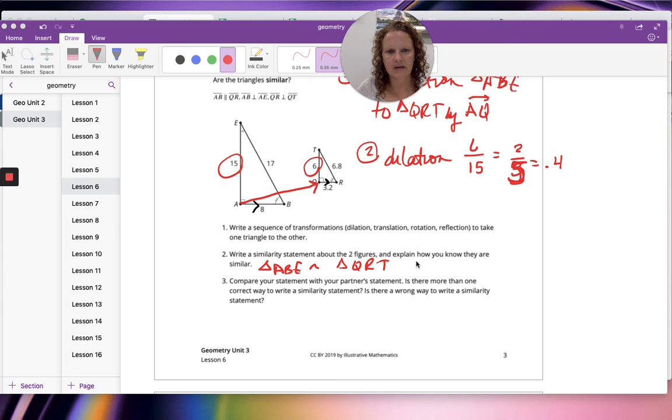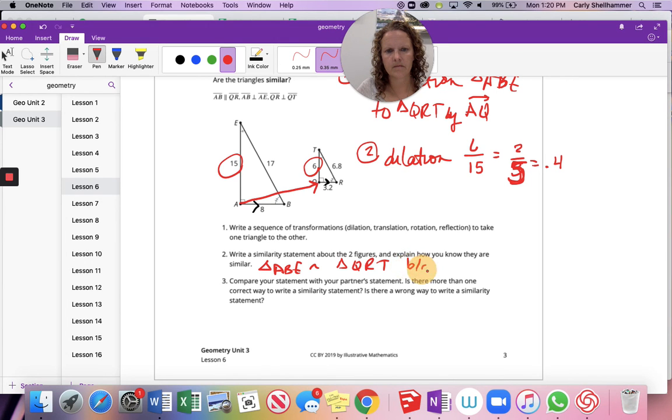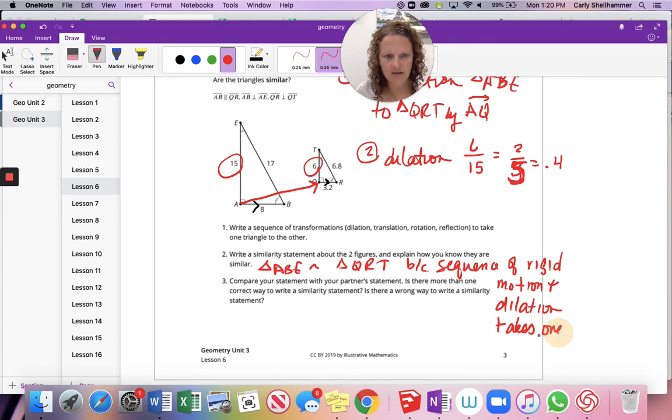Let's write that down. Because a sequence of rigid motion and non-rigid, which is the dilation, takes one to another.